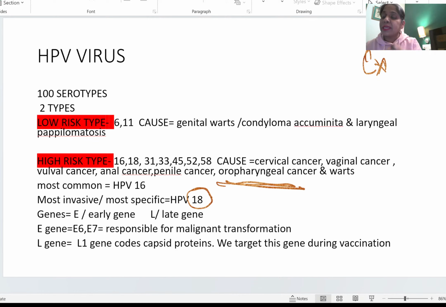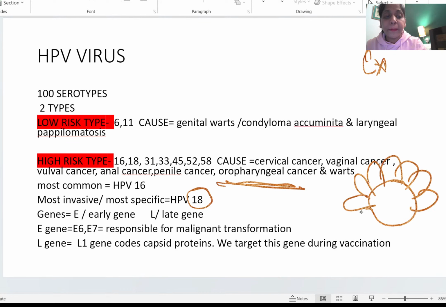And when we are making a vaccine, we target the L1 gene, because the L1 gene codes the capsid. If this is the virus, this is the capsid. The outer proteins are the capsid protein, and the L1 gene makes the capsid protein.